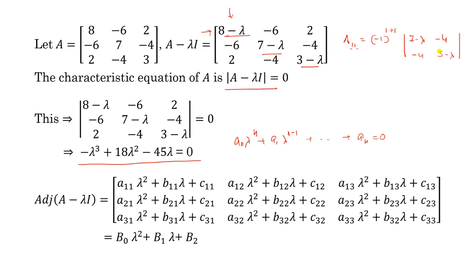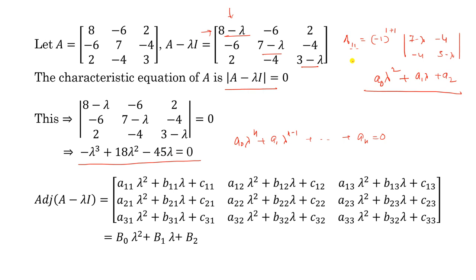Now look at this. If you multiply this out, it will be in the form of lambda square plus something, with some coefficients. You can write it as A0 lambda square plus A1 lambda plus A2. So every cofactor will be in this form. It may be possible that some of the coefficients are 0.